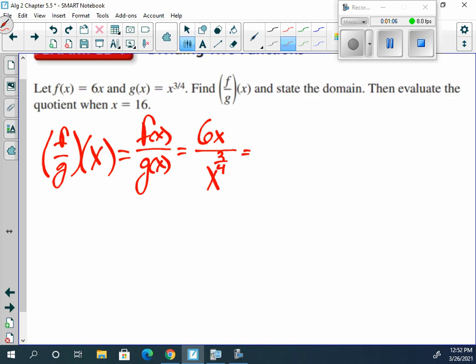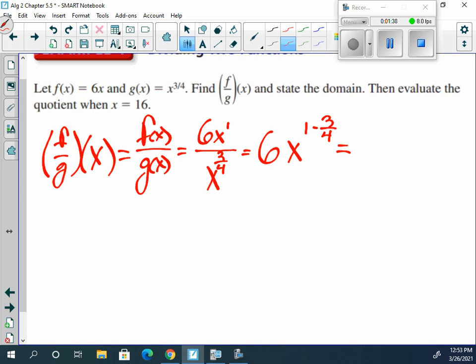Now when we divide this here, since there's nothing being divided with 6, it's just by itself, we'll have 6. Now if we do have some type of division, if it was 6 over 14, we can simplify that as a fraction and leave it out front. Now because the variables are being divided, we would subtract the exponents. 6 times x to the 1 minus 3/4, and we would subtract because we are dividing.